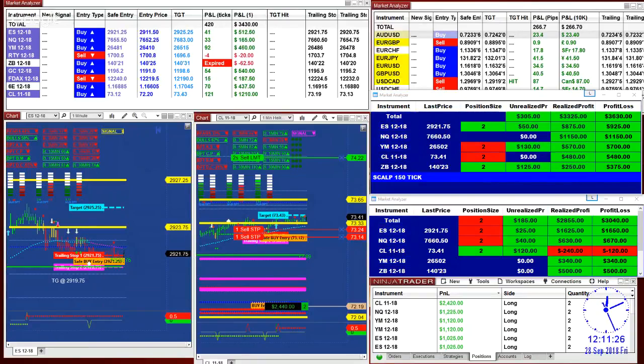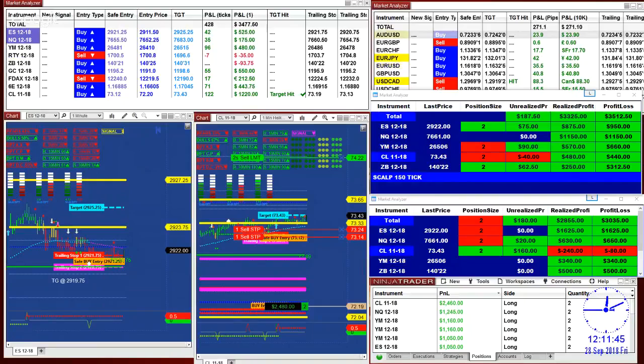Okay, well, they are holding. I think we are done for today. It was a beautiful day, very nice, smooth. Everybody made money. Everybody is leaving here today happy.